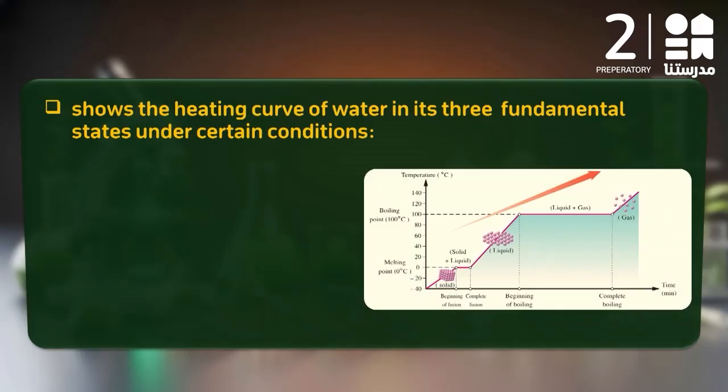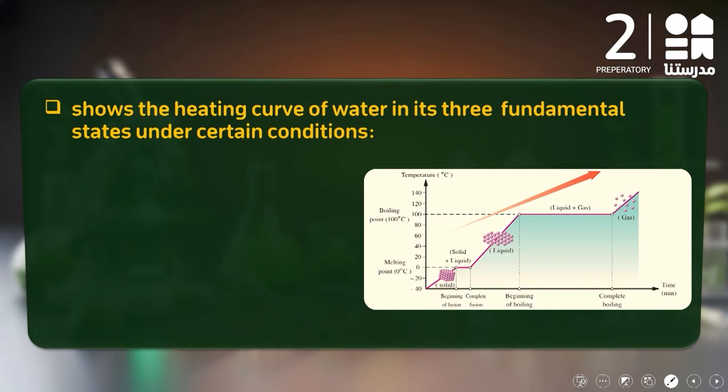Here we have a graph. This graph shows the heating curve of water in its three fundamental states under certain conditions. The first is the solid state, the second is the liquid state, and the third is the gaseous state.